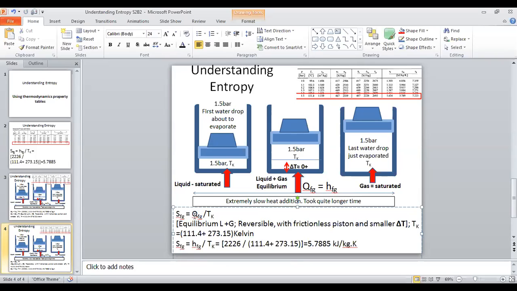That's why the HFG by TK is not SFG, but SFG is QFG by TK. That is HFG by TK, because here in this case, QFG is HFG.